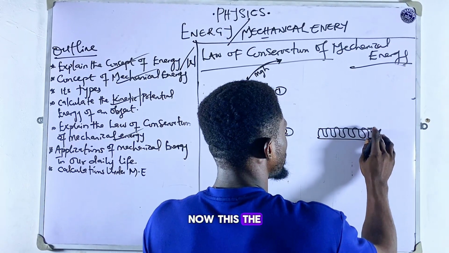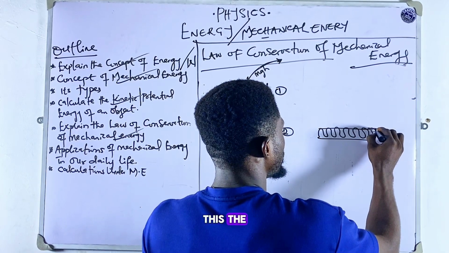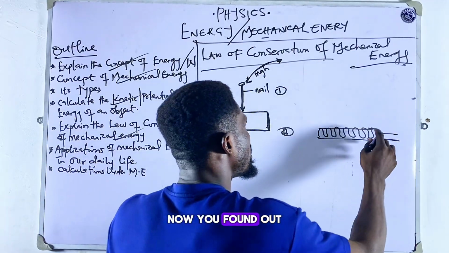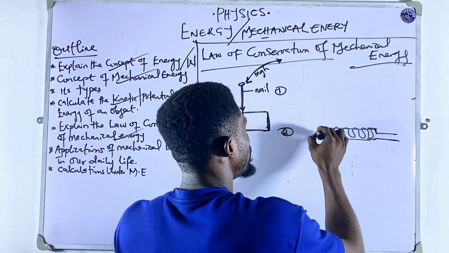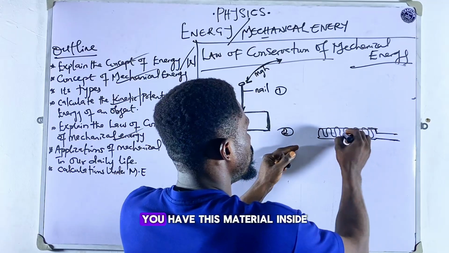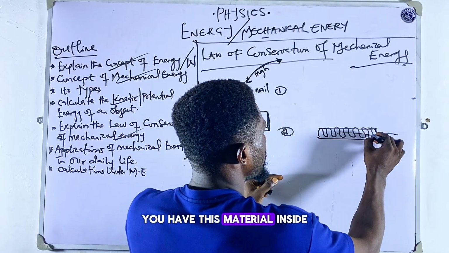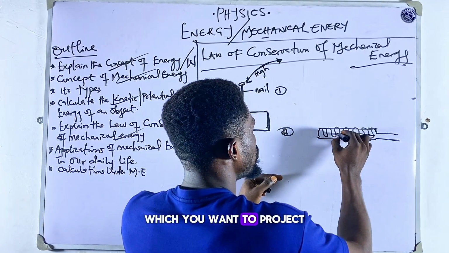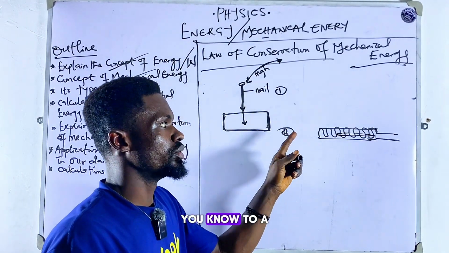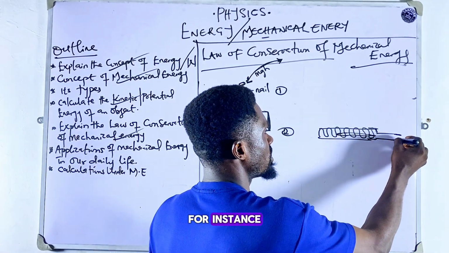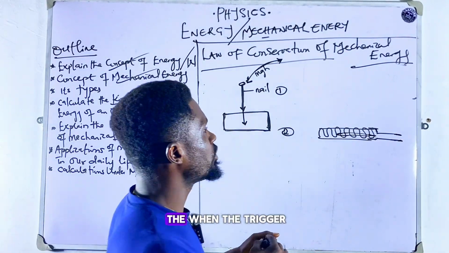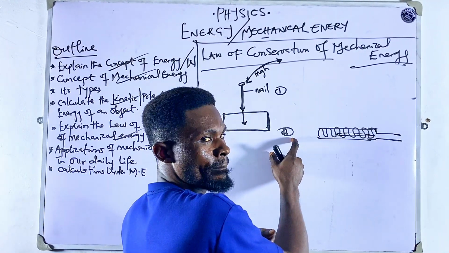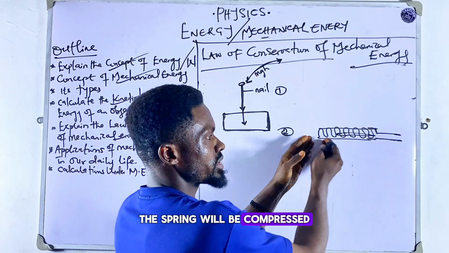Now this is the gun, as the case may be. Now you find out that if you have this material inside which you want to project to a particular target, when the trigger is being held, the spring will be compressed.